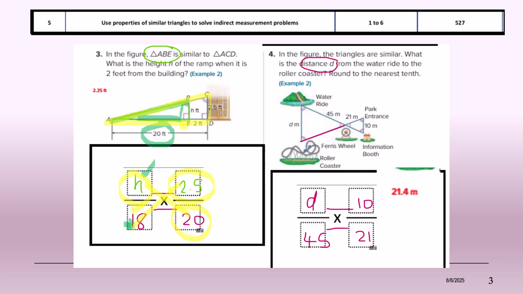Going on to example 4, exactly the same instructions, or the same method if you want to call it. So d over 45 is equal to 10 over 21. Cross multiply once again, and your answer should be 21.4 meters.